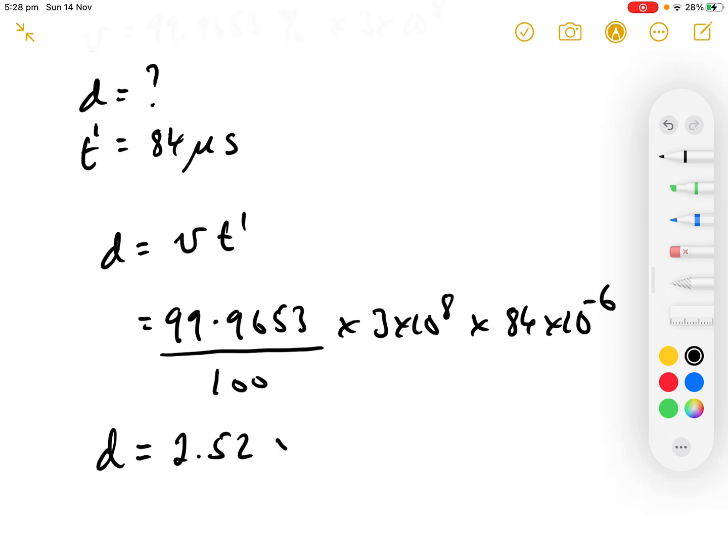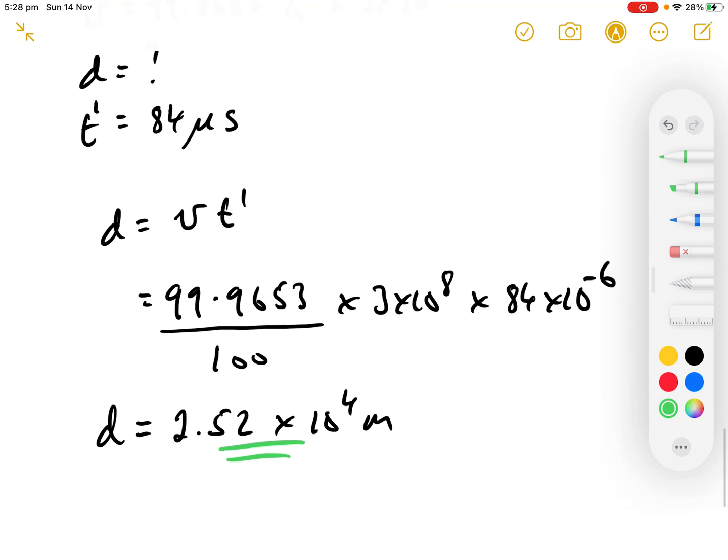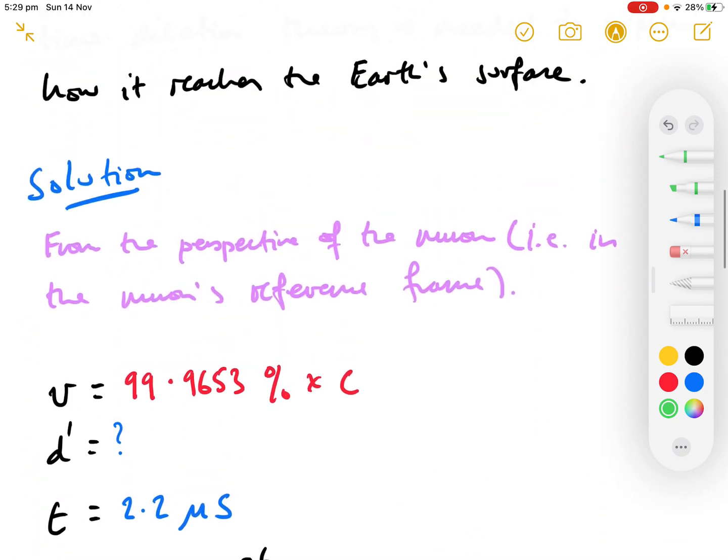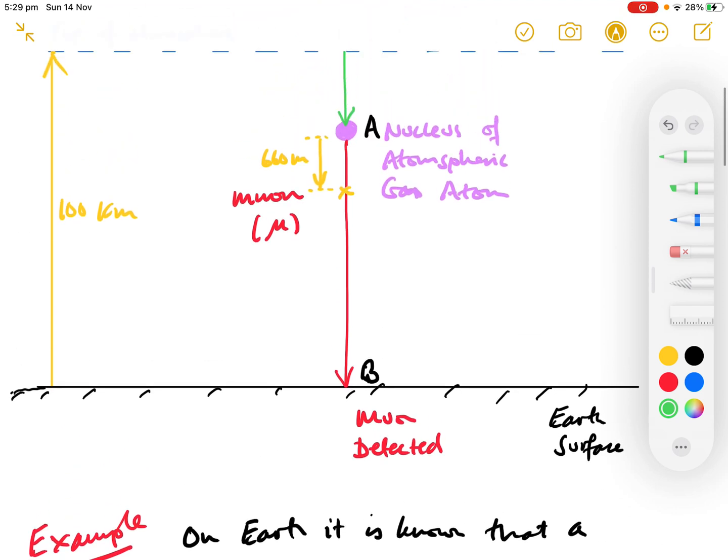And when you work out the distance that the Earth observer sees the muon travelling, you get 2.52 times 10 to the 4 meters. So, from the point of view of the Earth observer then, the muon actually travels about 25.2 kilometers.